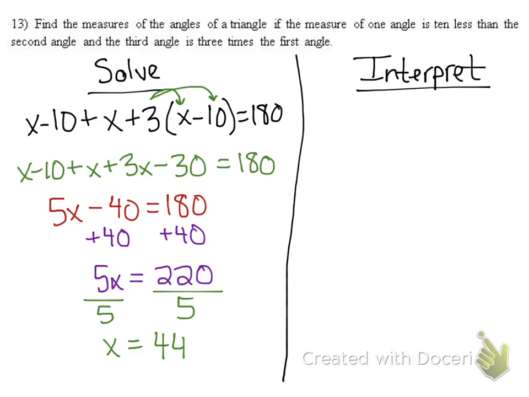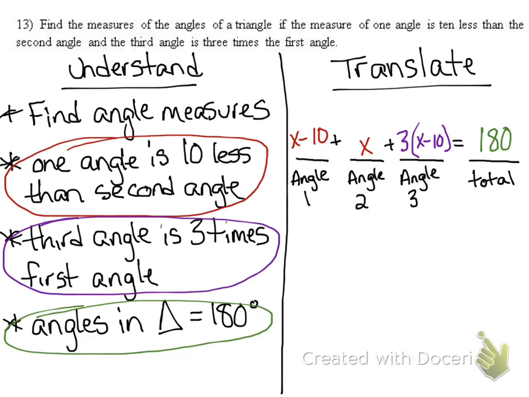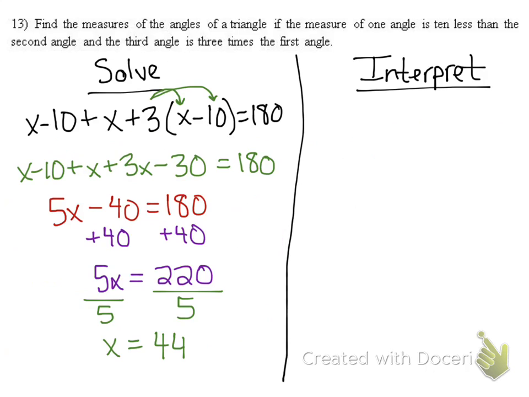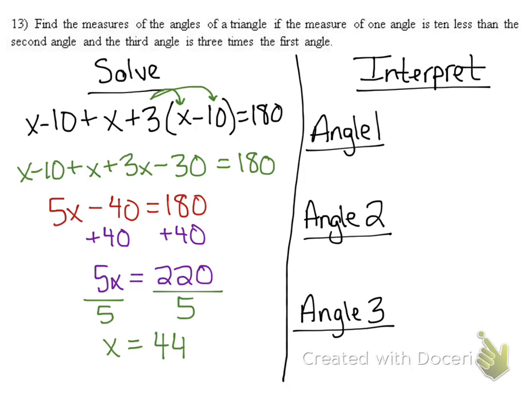When we get to our interpret step, it helps for us to revisit our understand and translate step to figure out what it is exactly that we were supposed to solve for to begin with. So if I return to my understand box, the first thing that I identified was the fact that I'm supposed to be finding the angle measures. So I'm going to start by making a spot for all 3 of the angles that I was supposed to solve for.